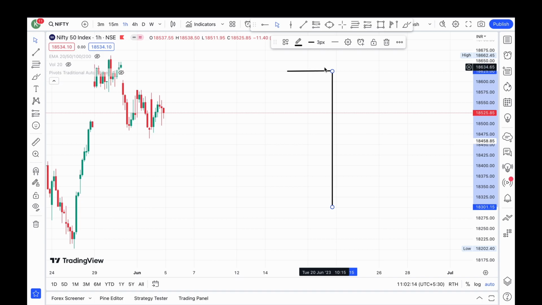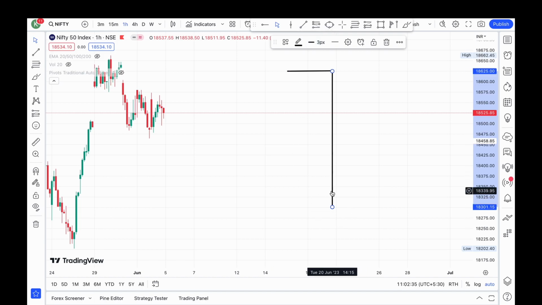This is our opening price at which the market opens, that is 18,600, and this is the lowest price to which the market has gone in the 1 hour duration. After that, buying pressure appears.